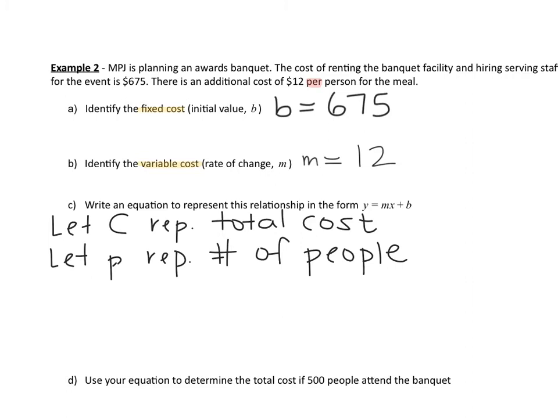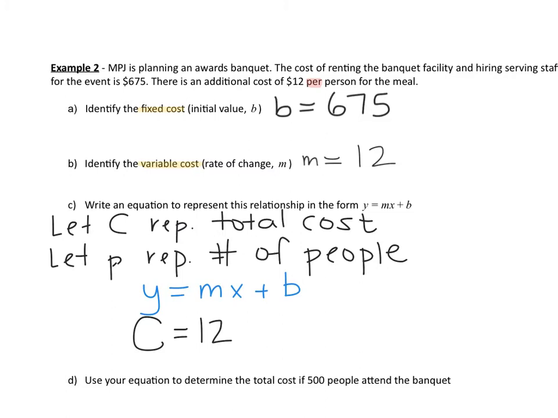So what I'm going to do here, just to show you, is I'm going to write the original template for a linear relation, y equals mx plus b. So instead of the letter y, I'm going to use a capital C for cost. Cost would be plotted on the y-axis. Then we have an equal sign, and then we need to put in our m value. Our m value is 12 because it's $12 per person.